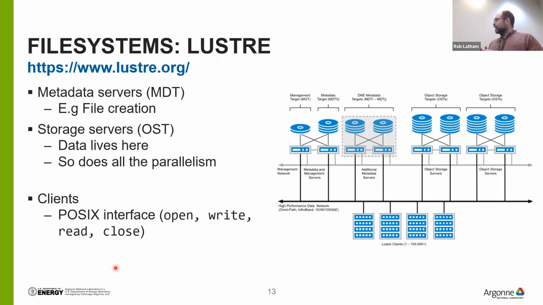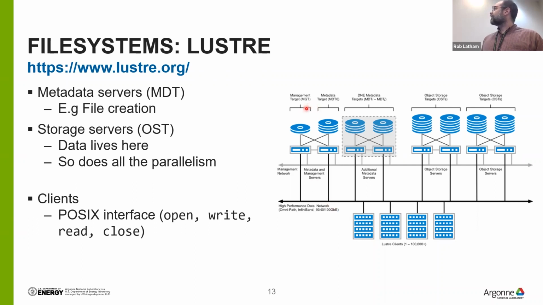Now, I want to spend a little bit of time talking about a specific kind of file system, the Lustre file system. I will try not to use the terminology of Lustre. There are the clients, and there can be quite a few Lustre clients.